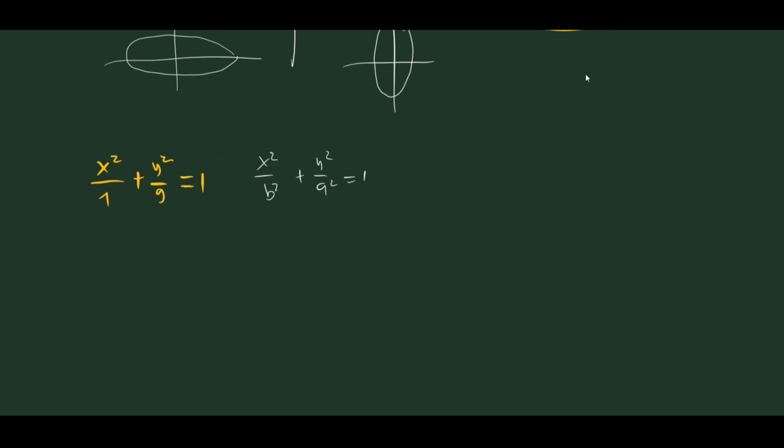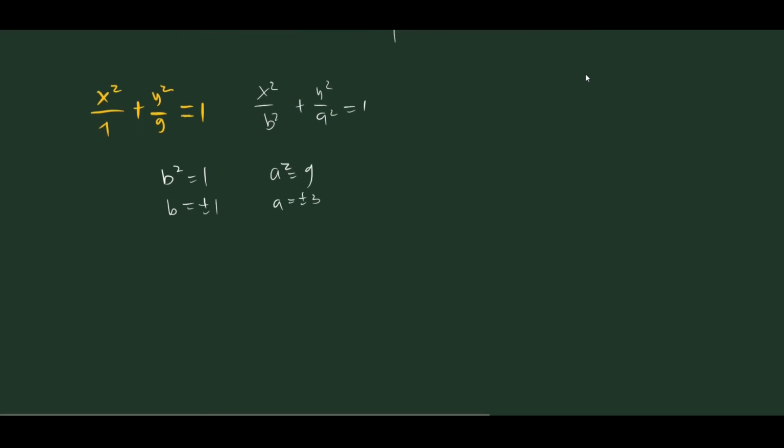So let us now compare the denominators right here. So b squared is equal to 1. So therefore, b is actually positive negative 1. And then for our a right here, a squared is actually 9, right? So a is equal to positive negative 3. So how do we find our c? We already have our a.